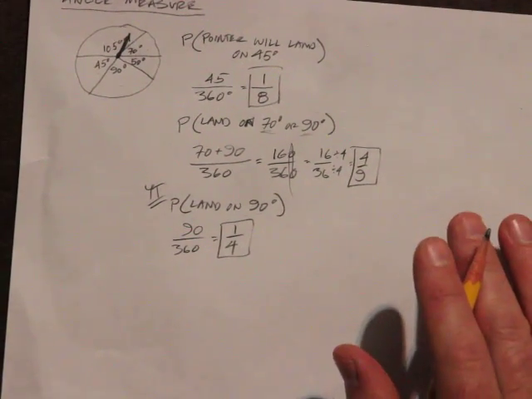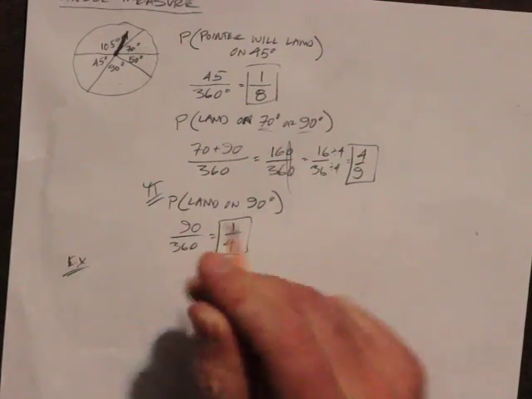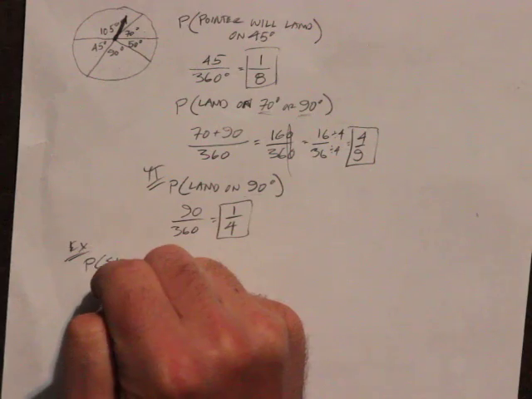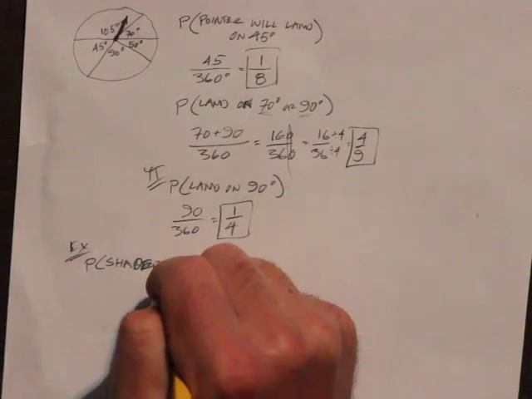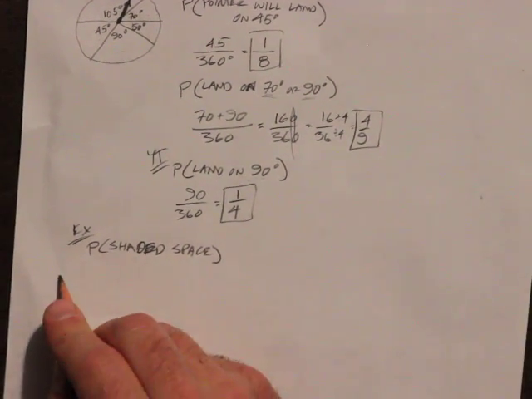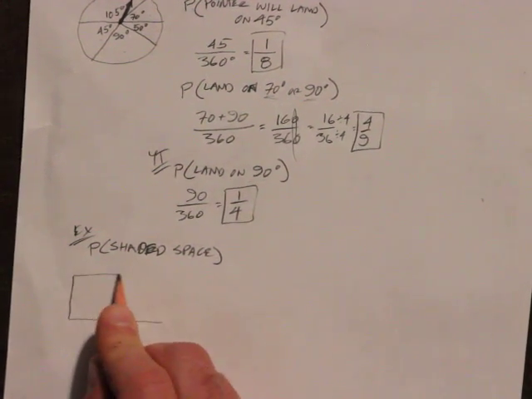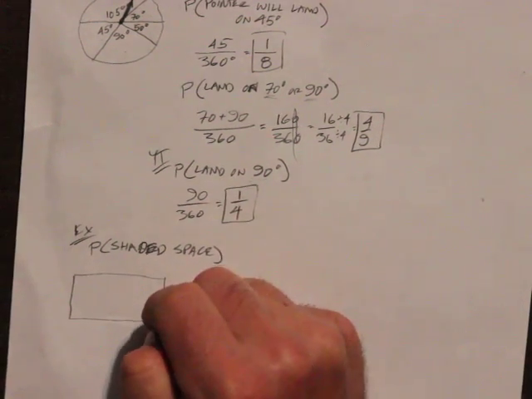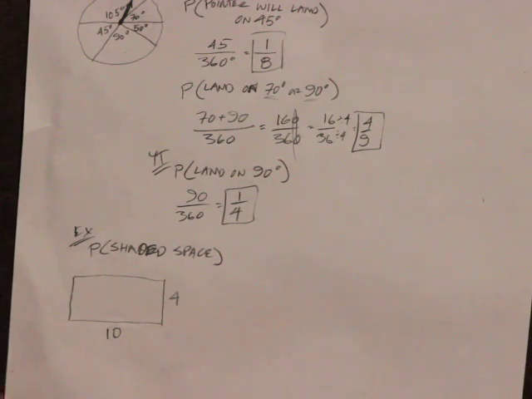Now we're going to do 2 more examples here, and we're going to find the probability of landing in the shaded space. So we're going to do 2 here. Let's go. Let's draw a rectangle, and this rectangle is 4 units tall and 10 units wide.